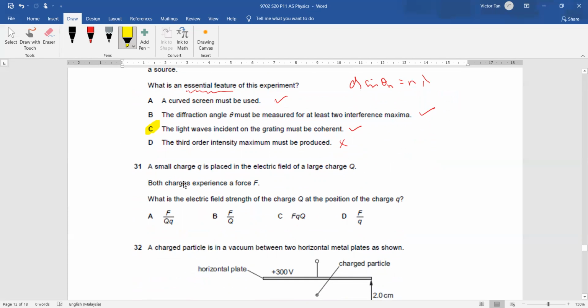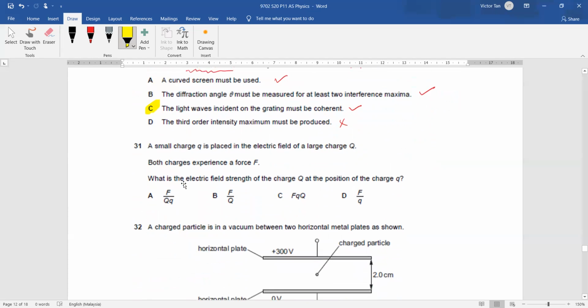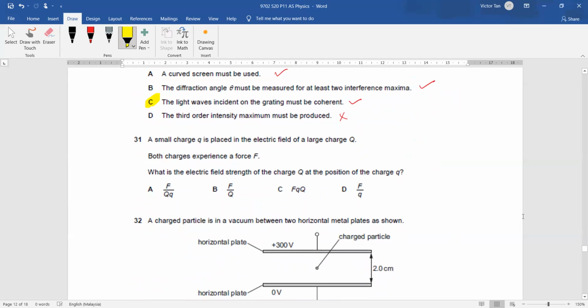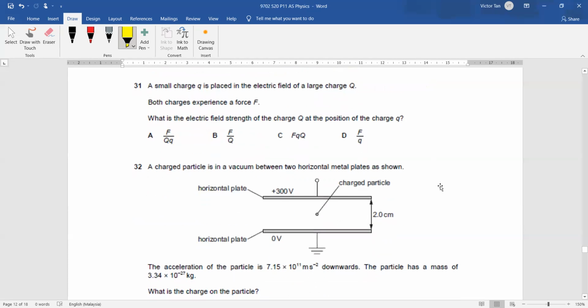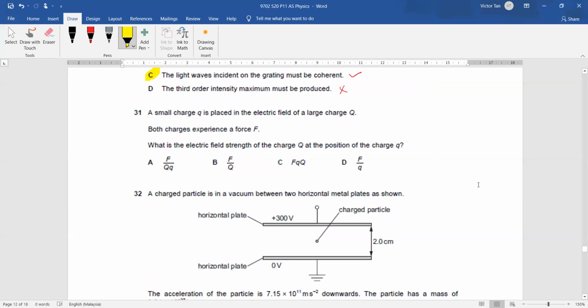Small charge q is placed in the electric field of a large charge Q. Both charges experience a force F. What is the electric field strength of the charge Q at the position of the small charge q? Oh, this is very, you got to read properly.